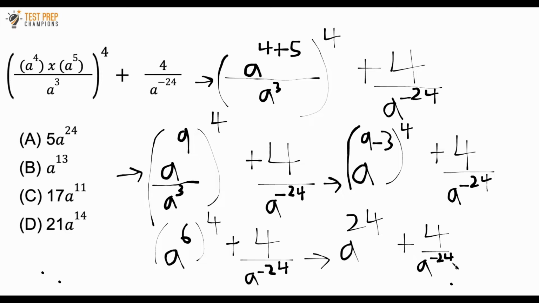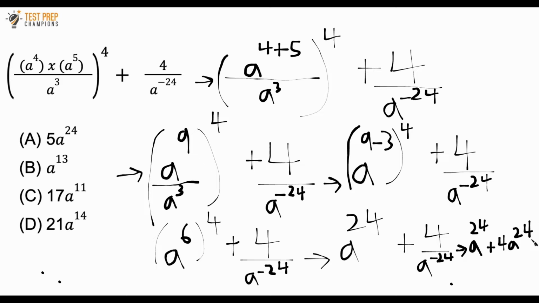So now, whenever we have a base raised to a negative number in the denominator, remember the denominator is just the bottom of the fraction, we can bring it up to the numerator and write that exponent as positive. So if I rewrote this, we would have a to the 24 plus 4 times a raised to the 24.